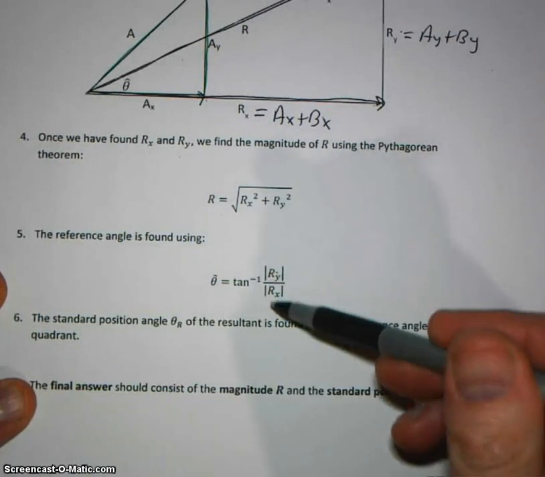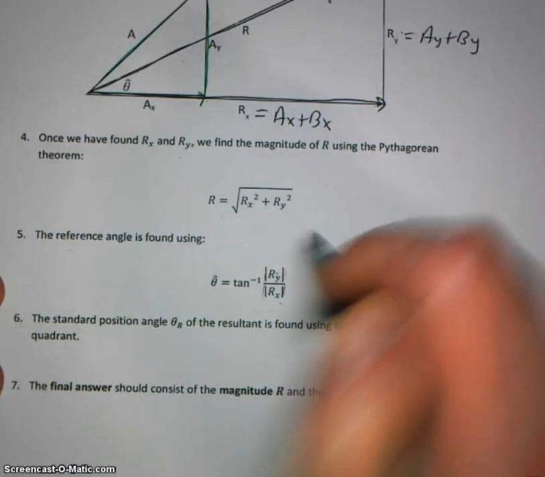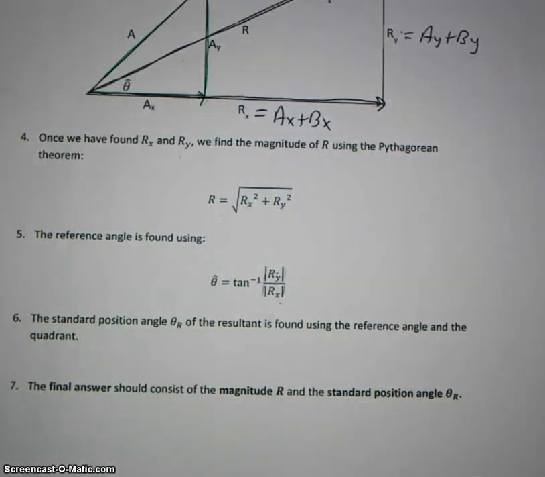That's Ry over Rx. Now we're putting absolute values on it so that it always gives us the answer in quadrant 1. And then once we have the reference angle, we will have to think about which quadrant we are in, and then go back and find the original angle.